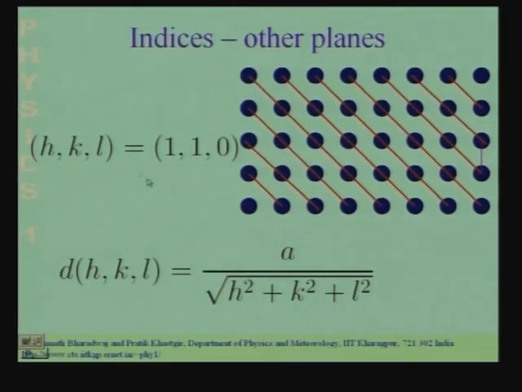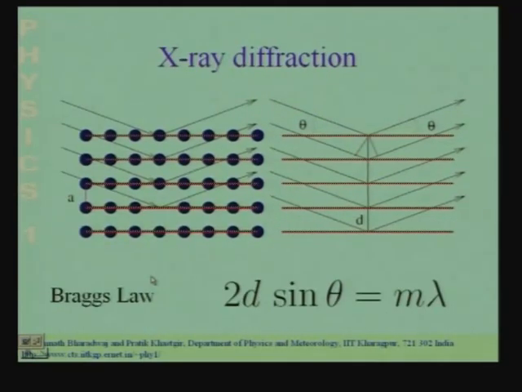If I change the Miller indices, the value of d is going to change. Also, the order of the maxima could be different. You could have a first order maxima, second order maxima, third order maxima, etc. The 0th order maxima corresponds to sin theta equal to 0, theta equal to 0, which is the direction of the incident radiation itself, and that we are not interested in.